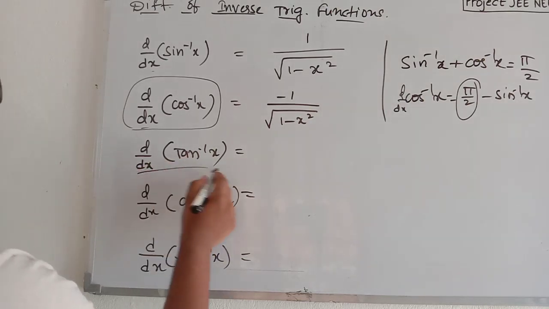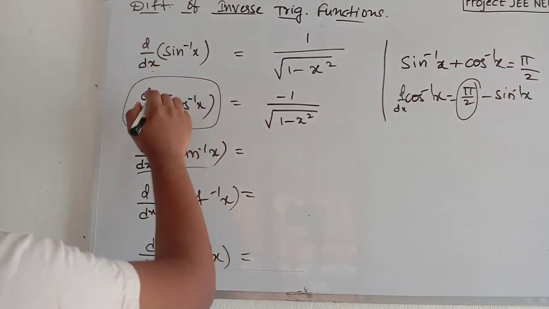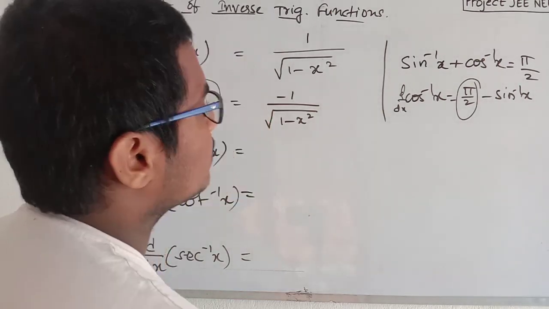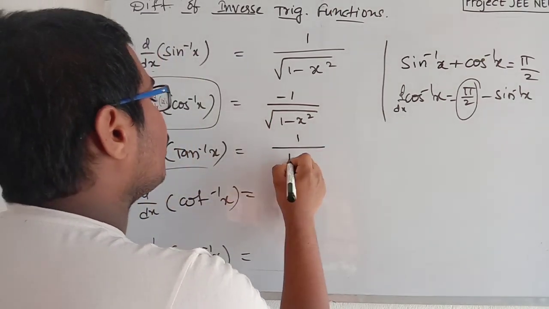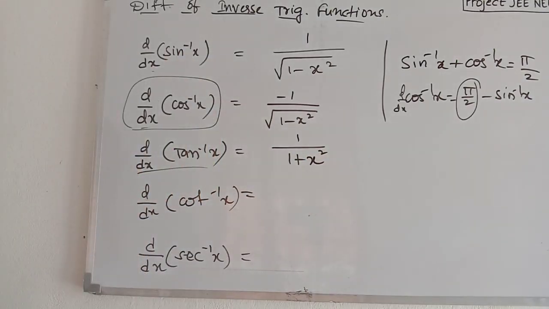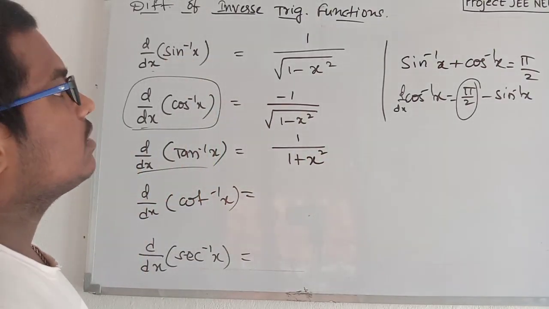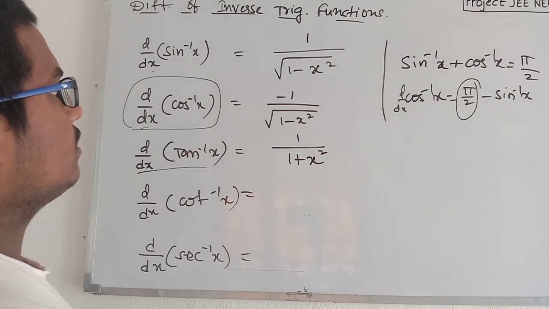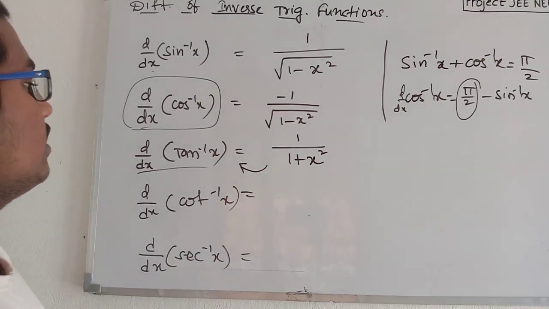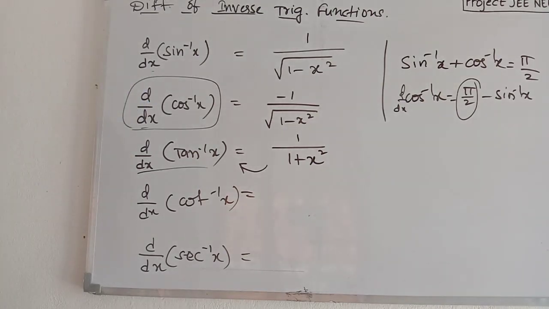So what will be the value of d by dx of tan inverse x? We got the values for sin inverse x and cos inverse x, but d by dx of tan inverse x is 1 by 1 plus x square. 1 by 1 plus x square is actually the result of d by dx of tan inverse x.